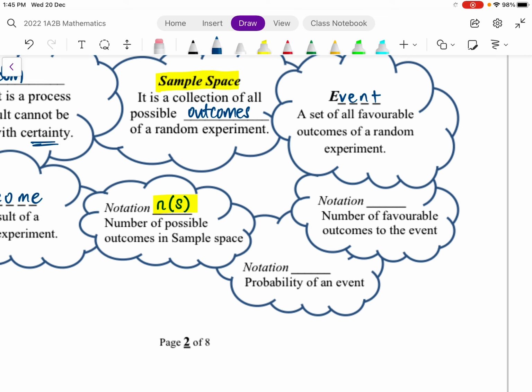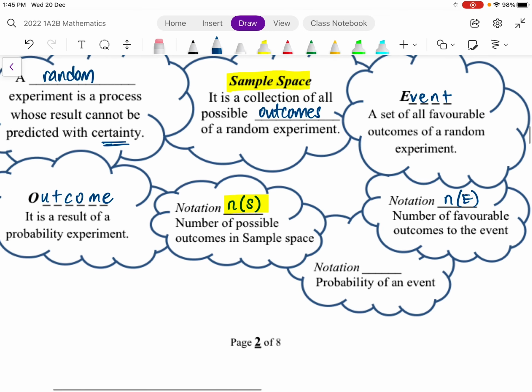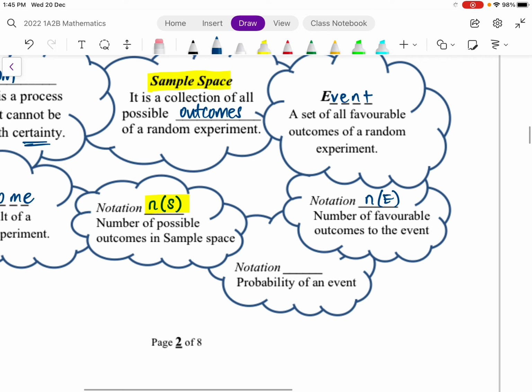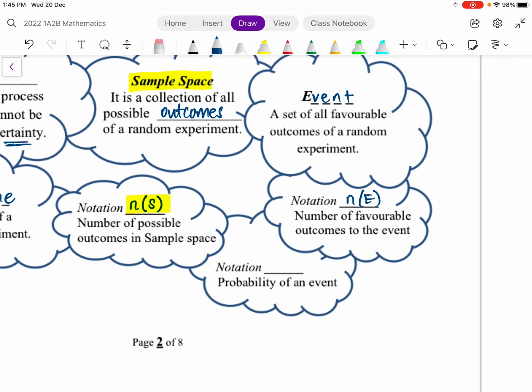Then we move on to the next notation. Again, n for number. Over here we have E. E refers to the event, and we're talking about favorable outcomes to the event. So if I am looking for the probability of obtaining a head when I toss a coin, there is only one favorable outcome, that is getting a head.